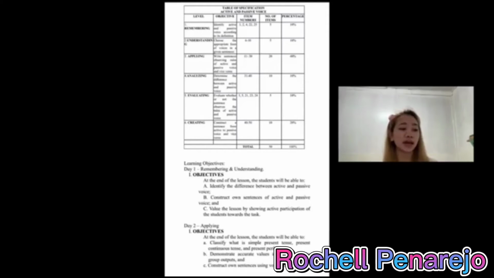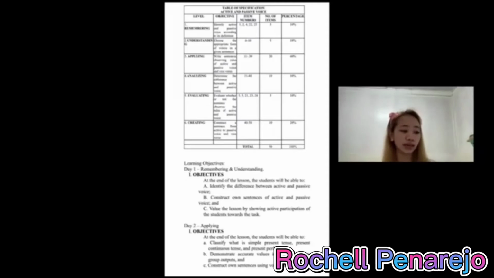In the assessment, item numbers 1, 2, 4, 22, and 25 are about remembering. It has a number of items of 5. Percentage is 10% of the assessment.